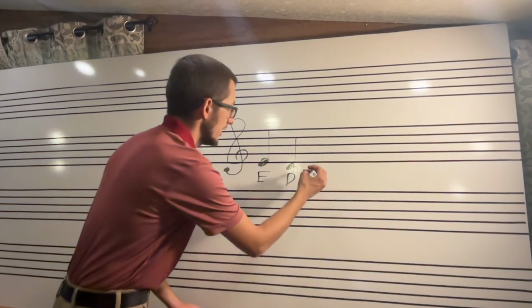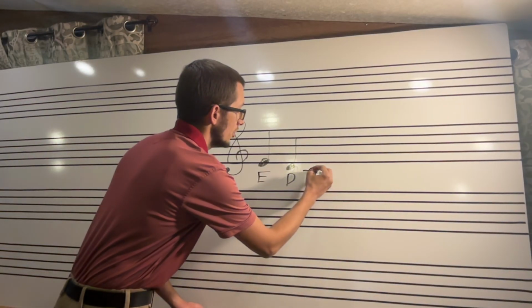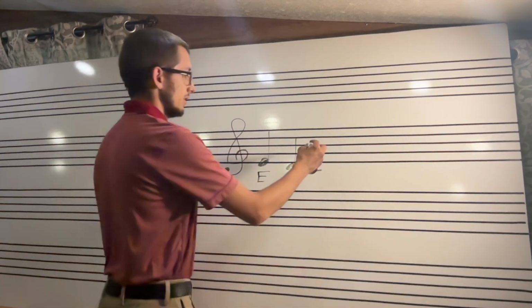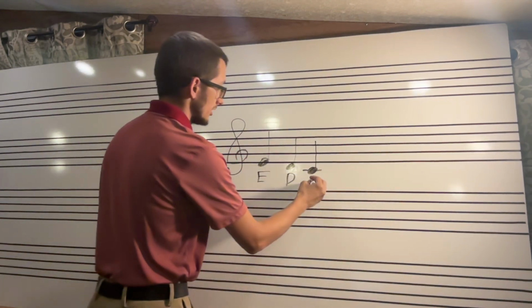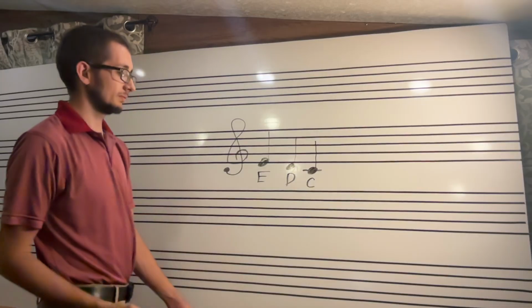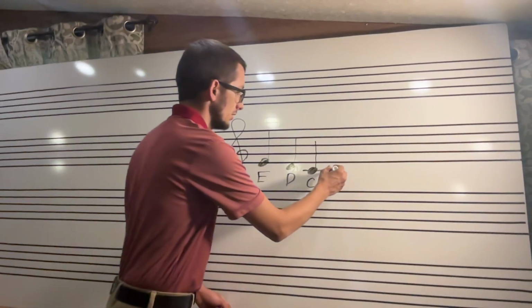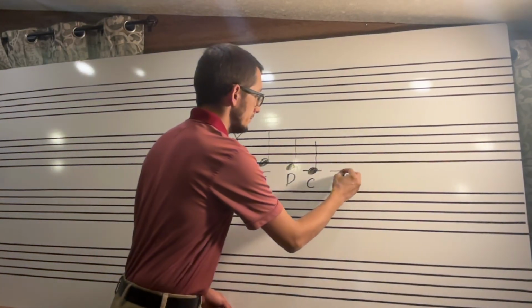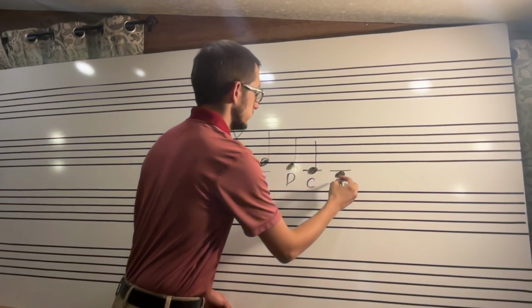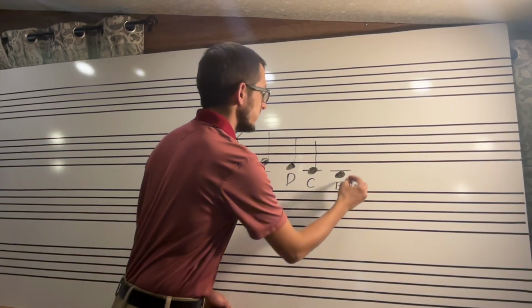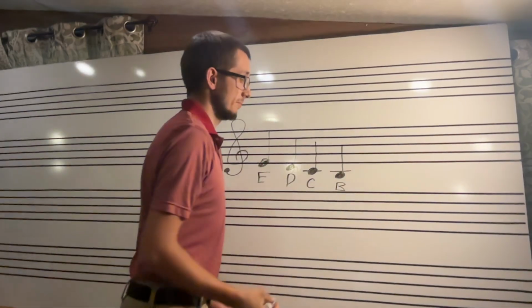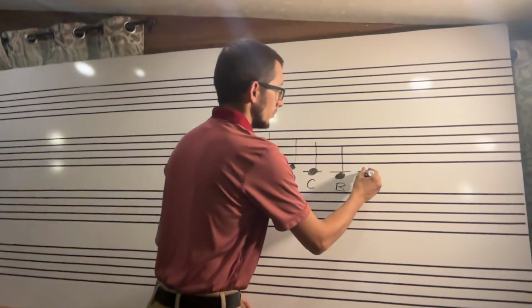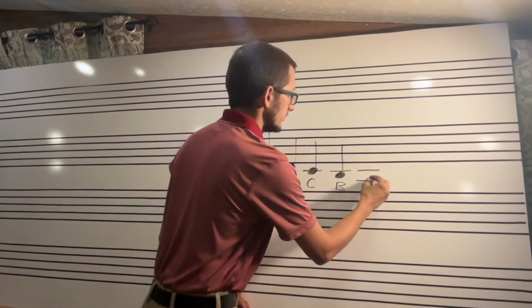There, we got a ledger line there. And we're going to put this note right in the middle of that ledger line. And that note is going to be C. Below C, we get the note B. And then below B, we get the note A.